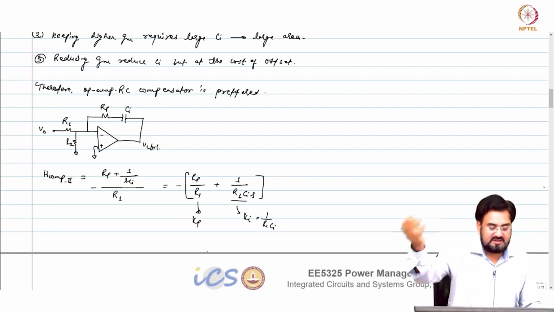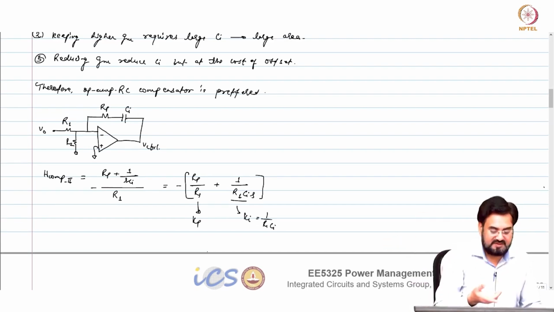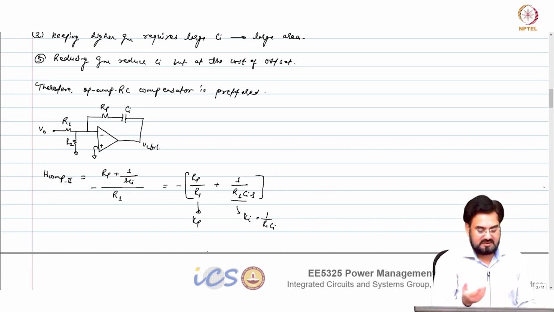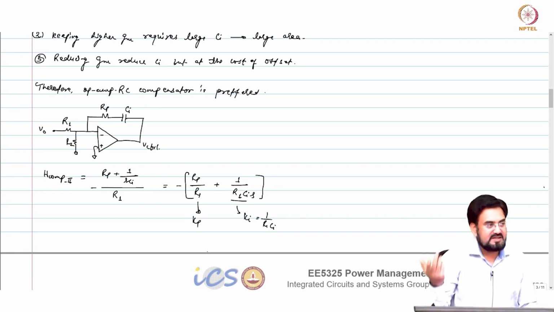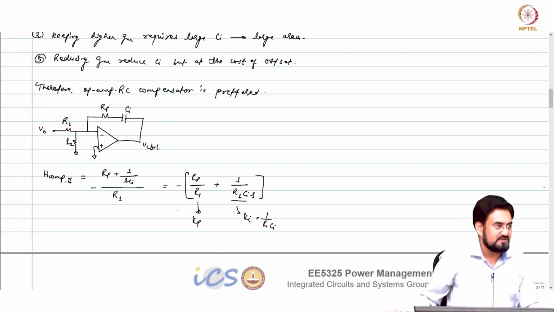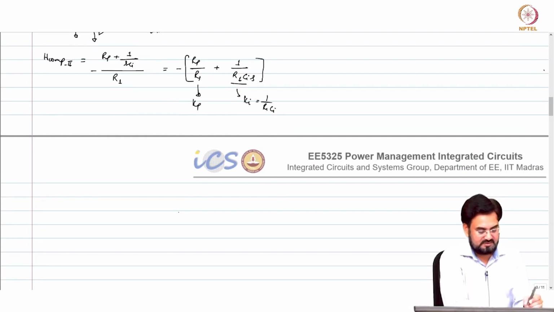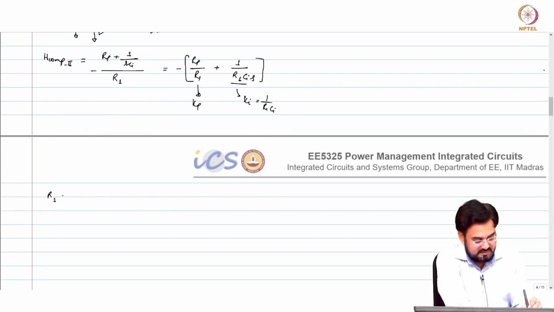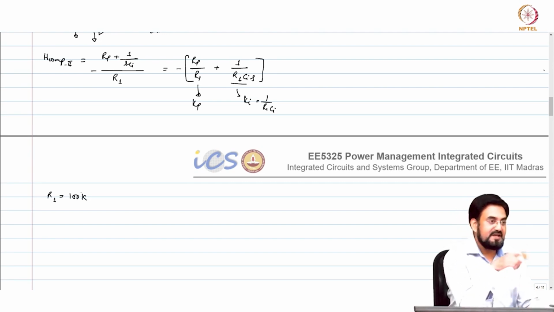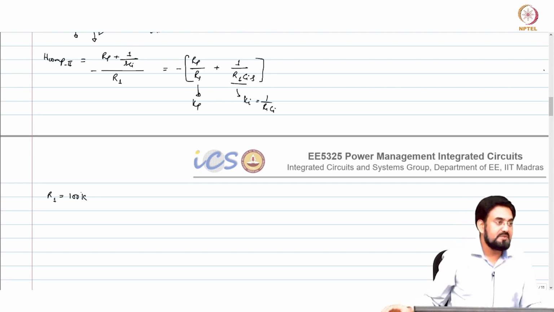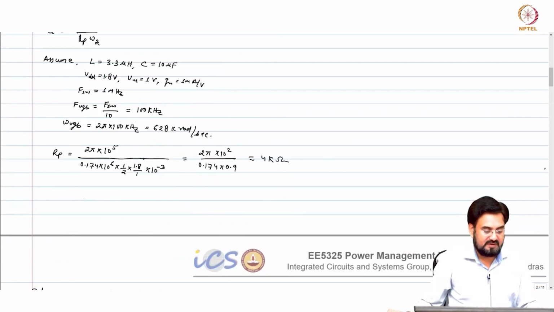So what is the difference if we compare with GM? The only difference is R1 is replaced with 1 over GM. Rest of the things remain same. We were considering GM 1 milli, here R1 is already there, we were considering 100K or so. So if R1 is 100K and beta factor is gone, what would happen to the value of RP?